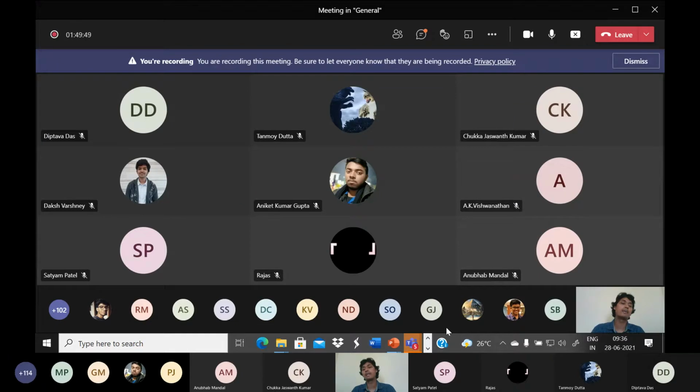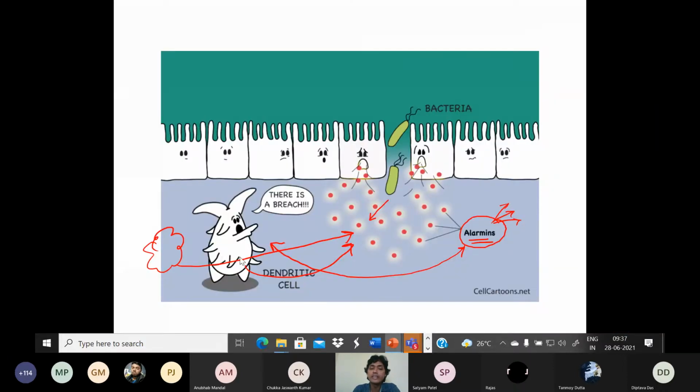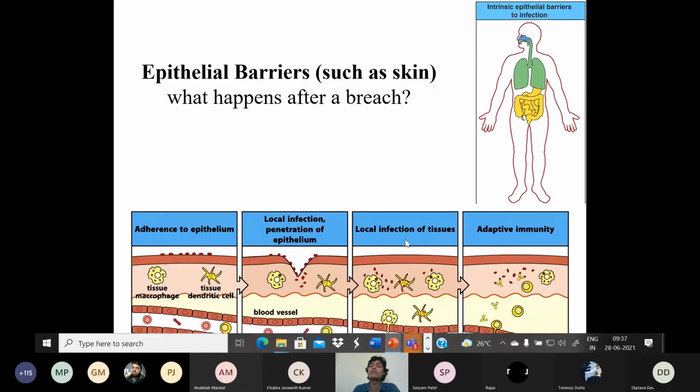Even as I told you, in the lung, the alveolus, those are also epithelial cells, right? So whenever those dendritic cells sense this molecule, they will travel and they will try to destroy this bacteria or pathogen. But the thing is, the pathogen will also increase in number. So then it will send or process this information to our adaptive immune system.